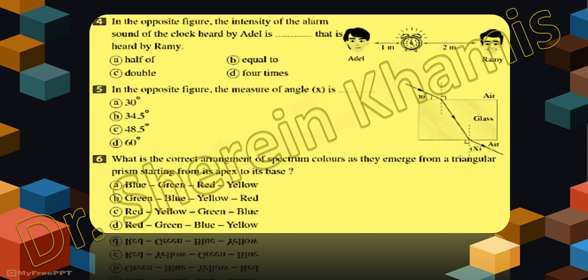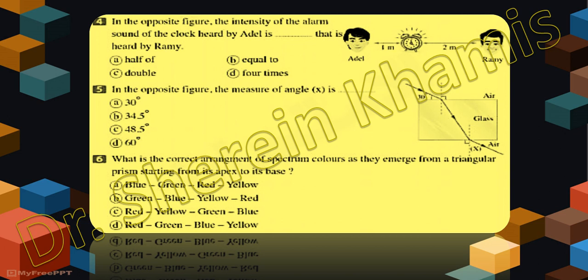Okay, we said that the sound or light follows the inverse square law. So the intensity of sound is inversely proportional to the square of the distance, according to the rule, at constant temperature. Okay, so here one of them will be right.